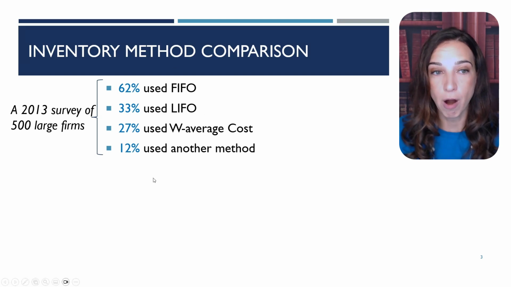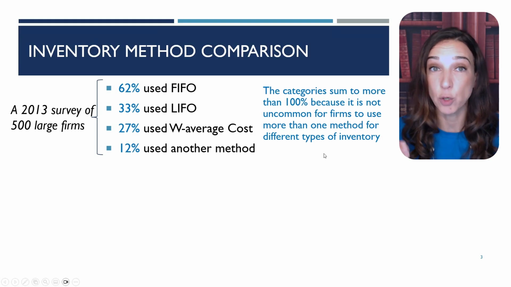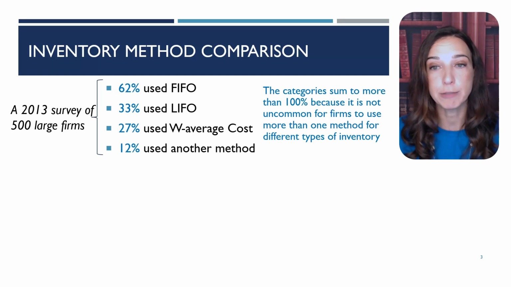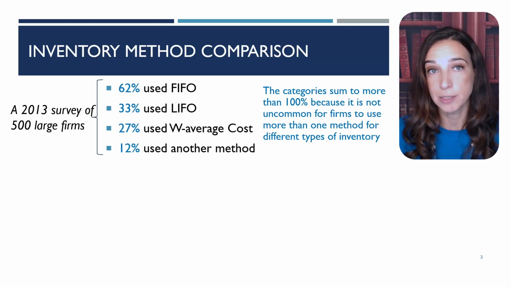Now, if you are astutely looking at the slide, you might notice that the sum is actually greater than 100, and that's because firms are allowed to use more than one methodology for different pools of inventory. This comes about pretty commonly as a result of a merger.